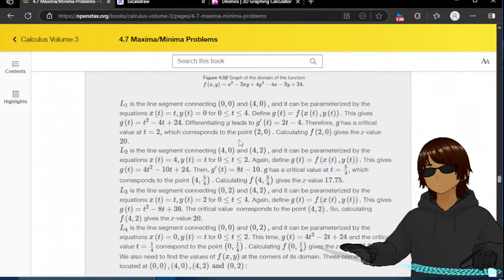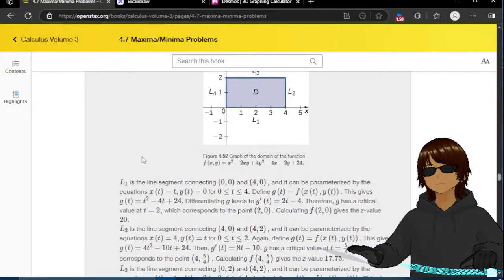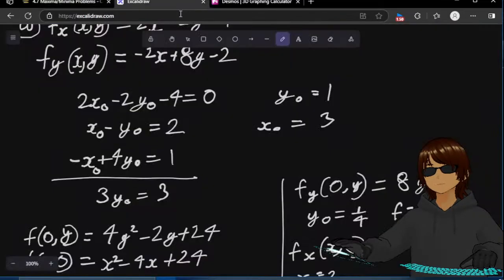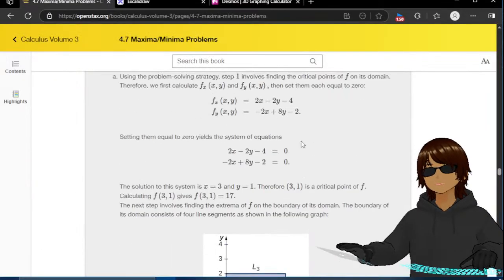So they calculated the corner points, right?